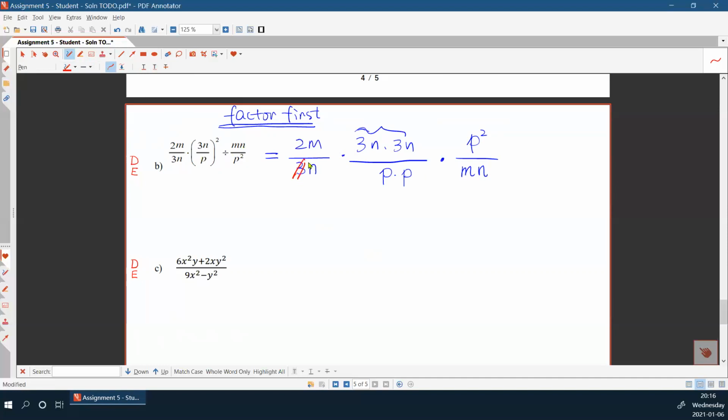3 cancels with 3. N here cancels with an n. M here cancels with an m. P cancels with a p here. Anything else? Of course, here is n, and cancel an n here.